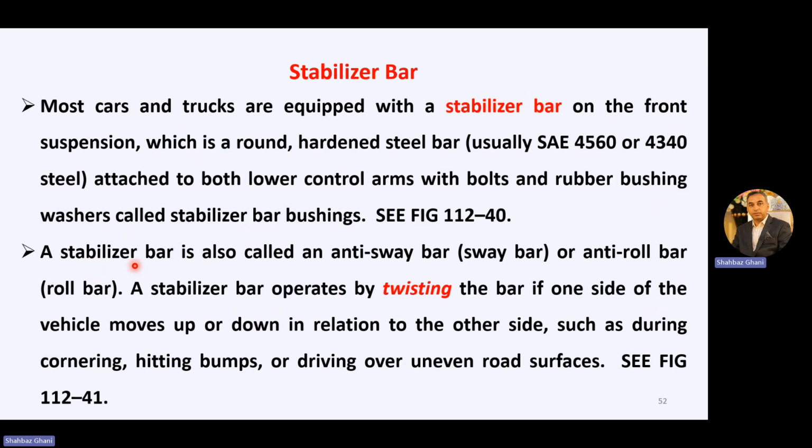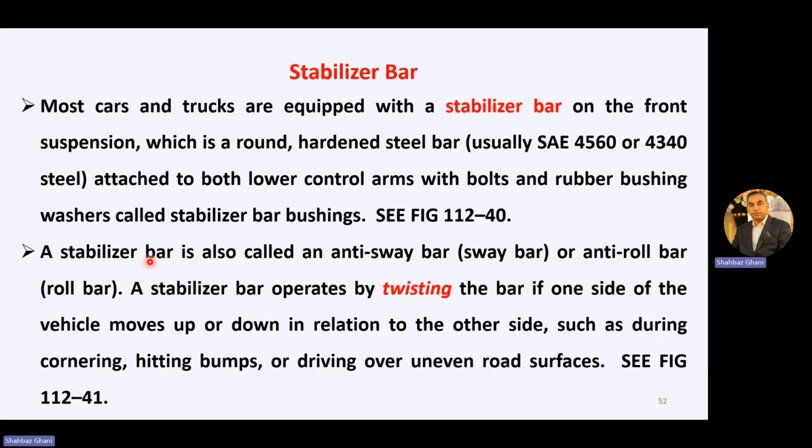A stabilizer bar is also called a sway bar or roll bar, and it operates by twisting the bar if one side of the vehicle moves up or down in relation to the other side, such as during cornering, hitting bumps, or driving over uneven road surfaces.